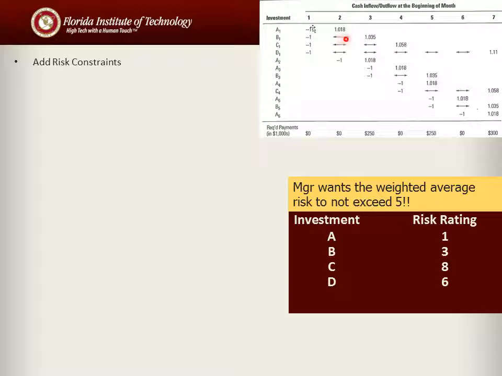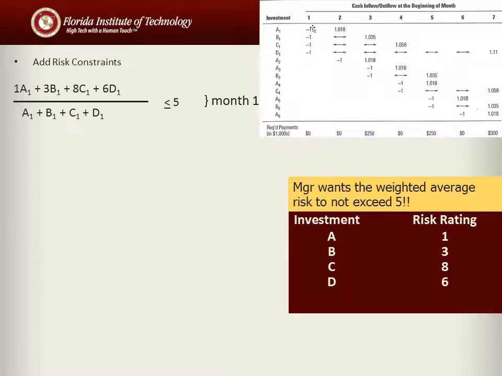So there's a risk associated with that investment B1 also here in month number 2. Okay, we already invested the money here in month number 1. There's still a risk associated with that investment, and we're only going to be risk-free from B1 at the beginning of month number 3.